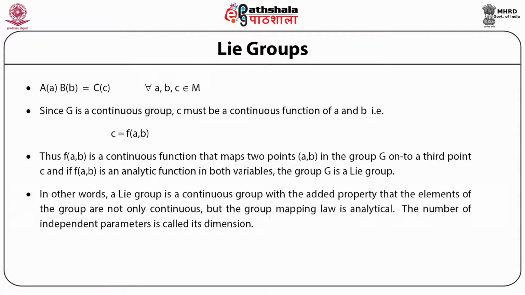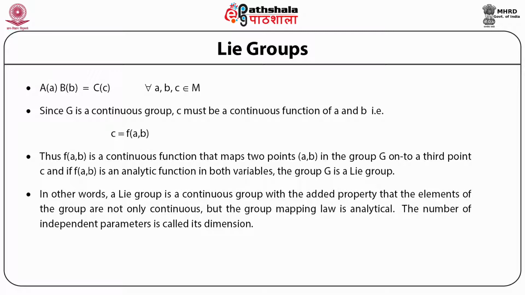In other words, a Lie group is a continuous group with the added property that the elements of the group are not only continuous, but the group mapping law is analytical, which means the law which maps the group has an analytical relationship and therefore can be differentiated or integrated.